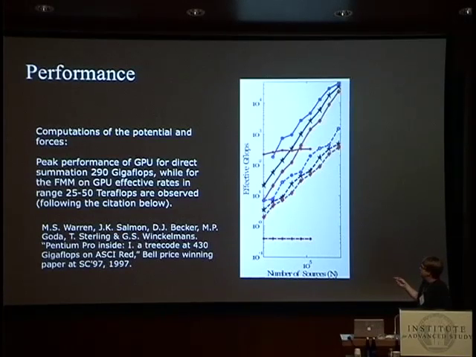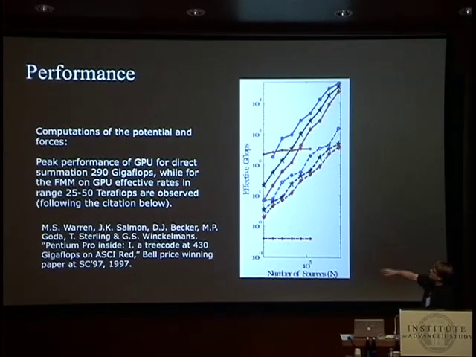So what they found was the code was only running at 150 or 200 gigaflops on the graphics processor, but because the FMM was order N, when they had a large number of particles, they got a big benefit relative to this timing that assumed you were using an order N squared algorithm.